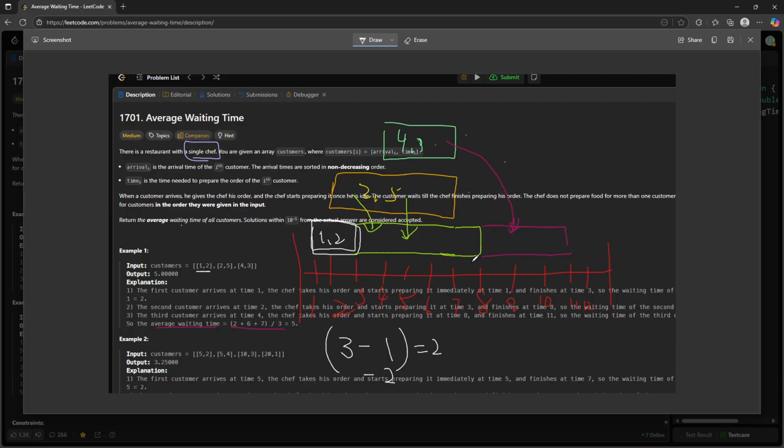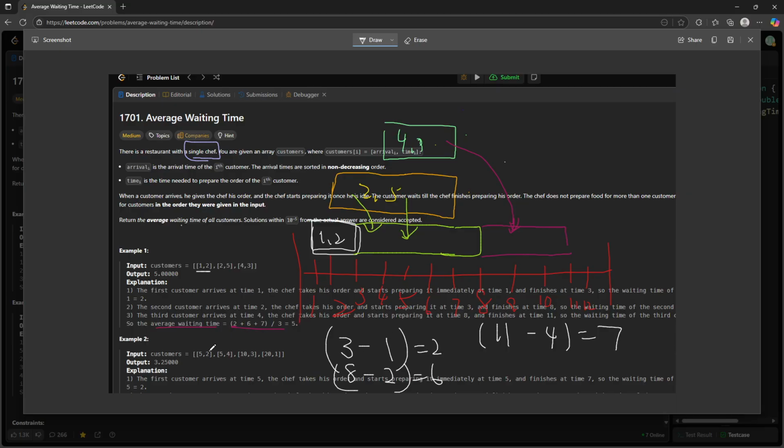When does the food complete? 8. So it becomes 6. The third customer will come in at 4, so you subtract 4. When does the food complete? 11. So this will become 7. So 2, 6, 7 is how much time each customer is waiting.